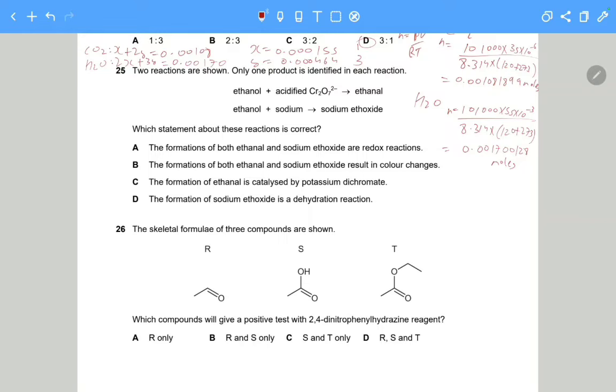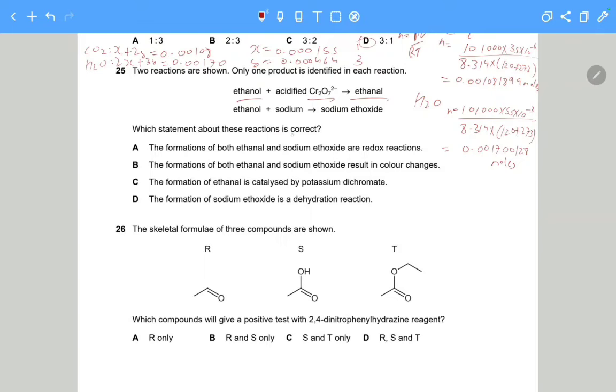The formations of both ethanoic acid and sodium ethoxide are redox reactions. That is right for the first one because ethanol is being oxidized to ethanoic acid and the dichromate ions are being reduced.